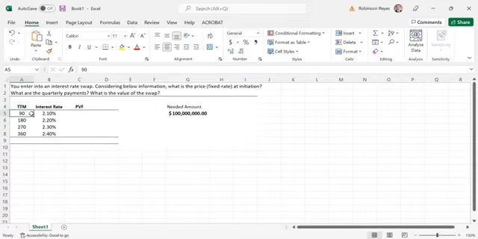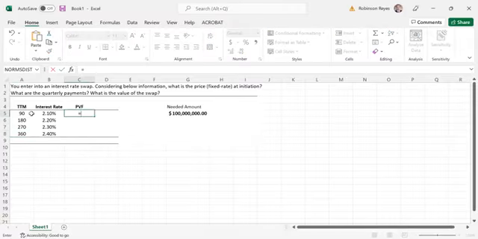I should have started by saying that 90 days from now, you get a payment, 180 days, you get another payment, 270 days, another payment, 360, another payment. So the present value factor would be 1 divided by 1 plus this rate, but we need to multiply this rate by 90 divided by 360, right?